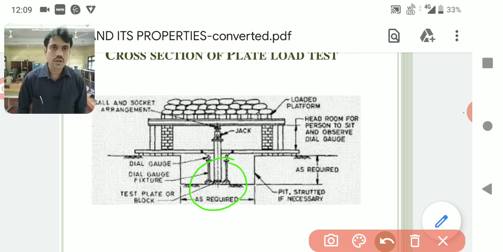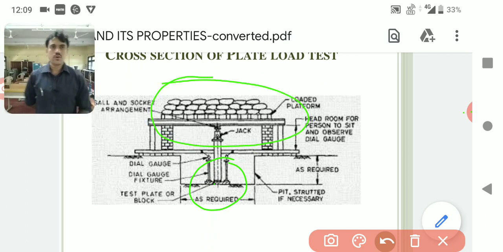Here you can observe that the plate is placed at the bottom and a jack is used. By using that jack arrangement, we can apply load from the top. At the top you can see here.